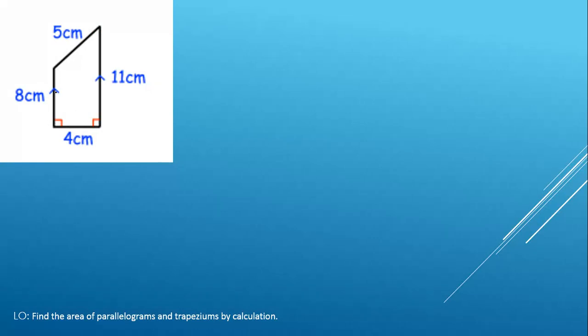Again, this is a trapezium, but it looks slightly different. This is just a trapezium on its side. So we've got to imagine that this is the base, this is the top, and these are either sides. So if we wanted to draw it how we would like to see it, it would look something like this. Cool.